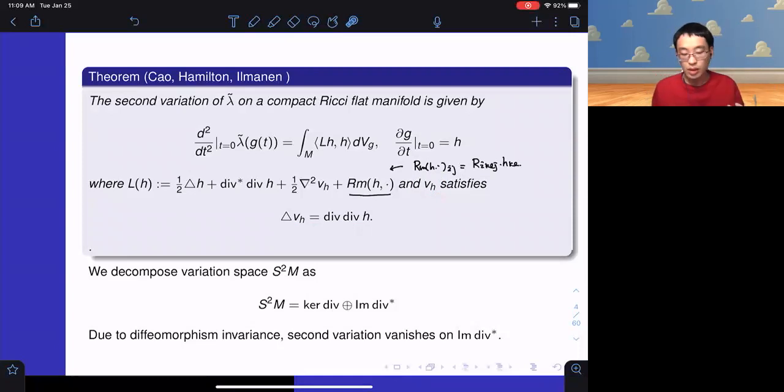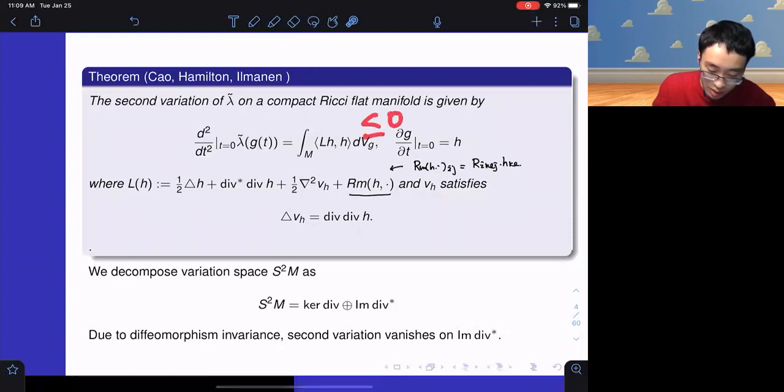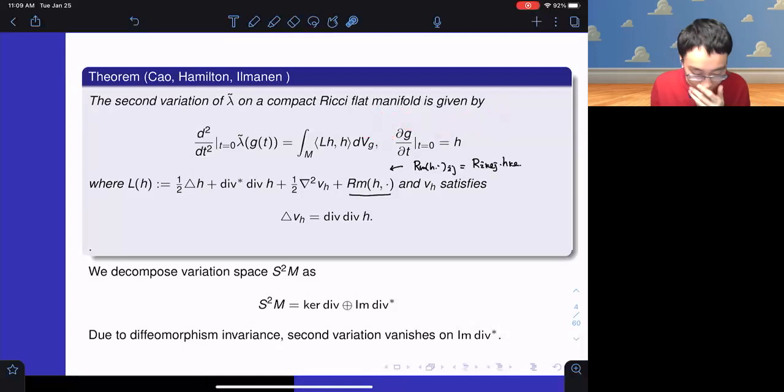And we would like to know, at a critical point, whether the manifold is stable or not. It means that if the second variation formula is non-negative or non-positive, we want to derive some result about this.